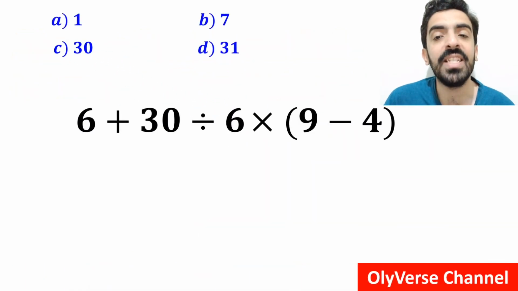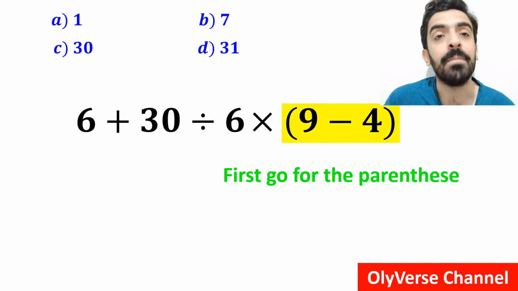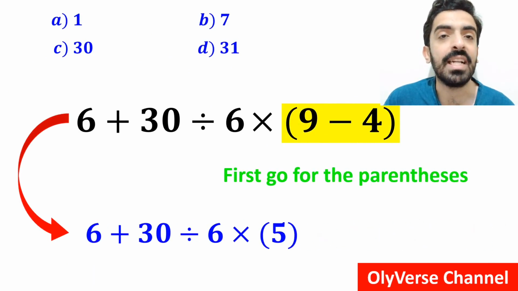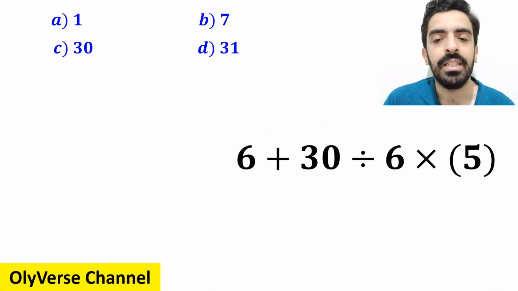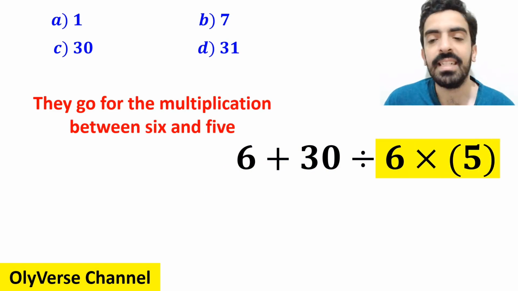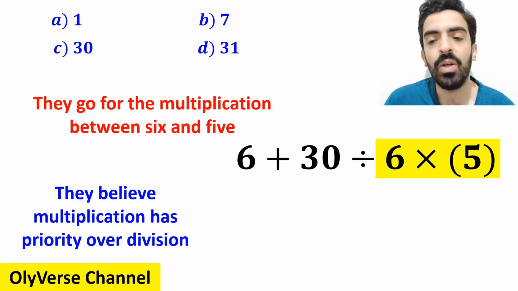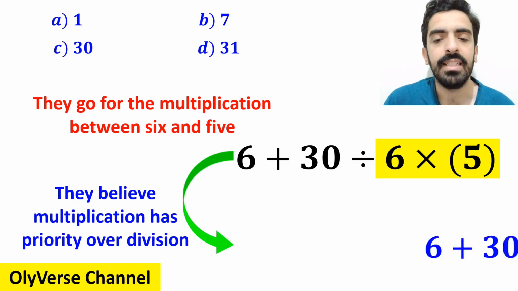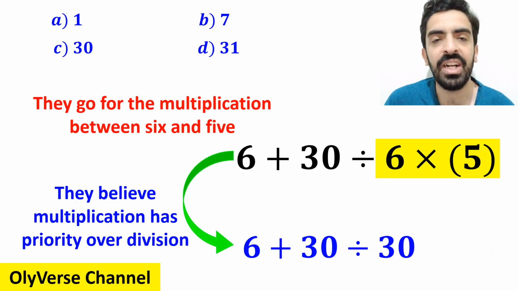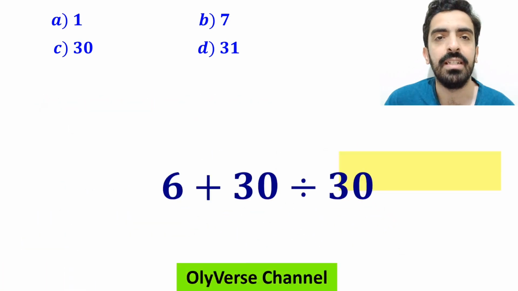Also, some other people, when solving this question, first go for the parentheses and write this expression as 6 + 30 ÷ 6 × 5. The next step, they go for the multiplication between 6 and 5 because they believe multiplication has priority over division. So, this expression simplifies to 6 + 30 ÷ 30.